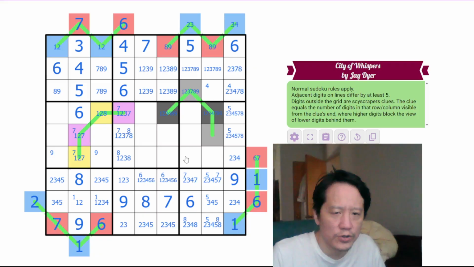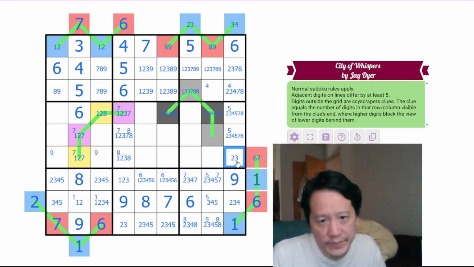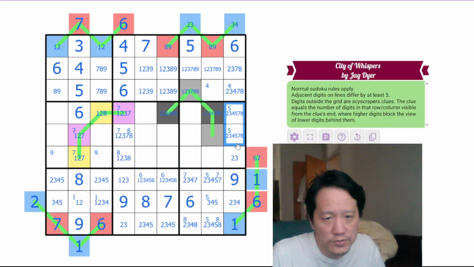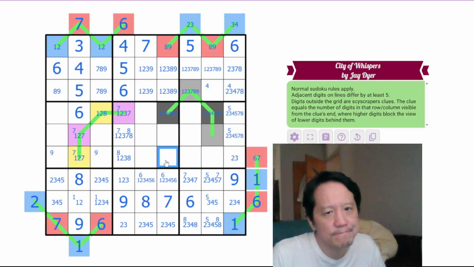If it's 4, you have to see 5, 6. That's just not going to work. So this can't be 4 here. Right, 5 can't be either of these because 5 is guaranteed to be one of those two in this box. So you would have to see 5 there, and that's problematic. Okay.